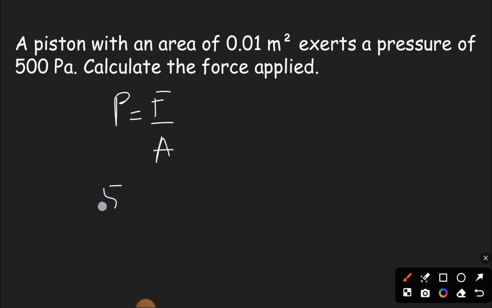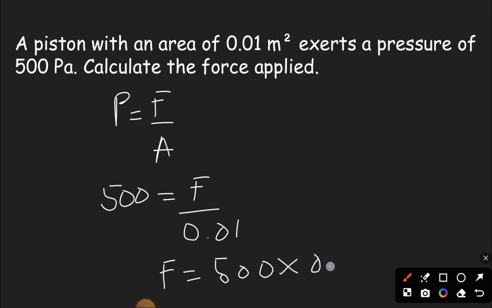So the pressure is 500 Pascal equals the force, we don't know it, over 0.01. So your force will be 500 multiplied by 0.01. So 500 multiplied by 0.01, we get 5. We are finding force, so 5 Newton.